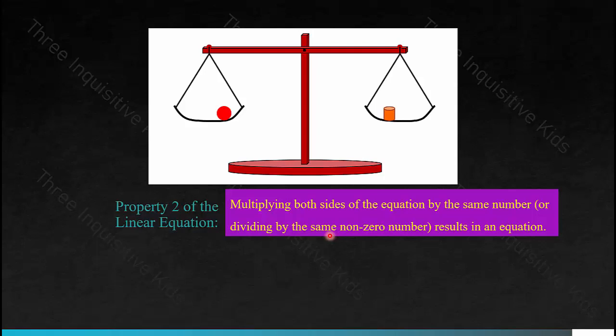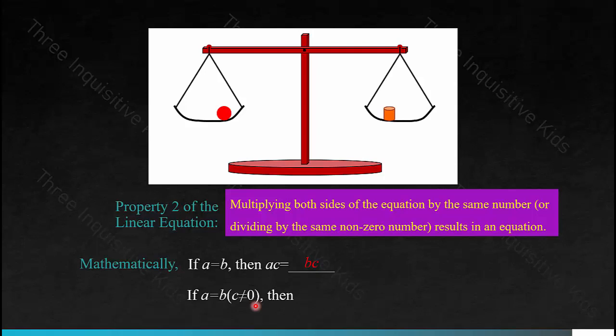Because throughout the world, dividing by zero is seen as undefined, because you can't divide a number by zero. So you have to really be sure to say divided by the same non-zero number, really emphasizing that. So mathematically, if A is equal to B, then AC is equal to BC. So multiplying both sides by the same expression, which is C.